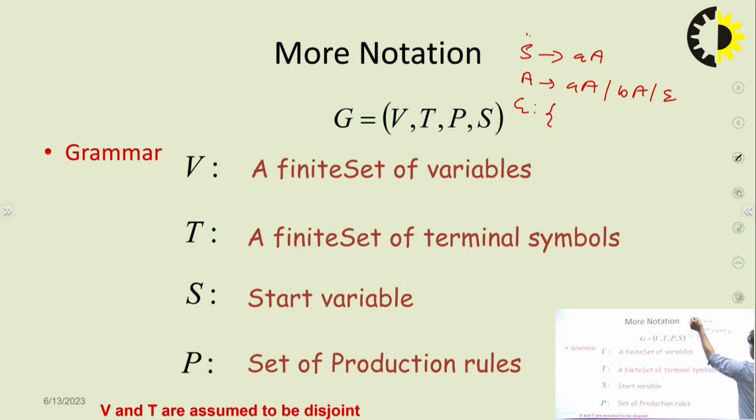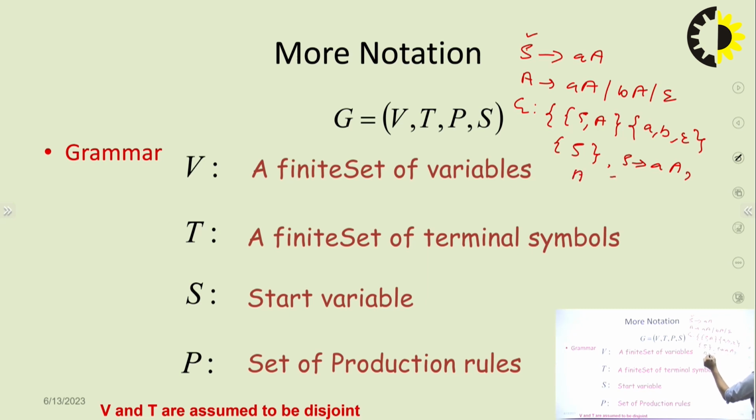Variables is a non-empty set of variables. Terminals are given as small a, small b and epsilon. The start symbol is the defined start symbol, and the production rules are given as the productions A, B, A and epsilon. That's defined as a grammar.